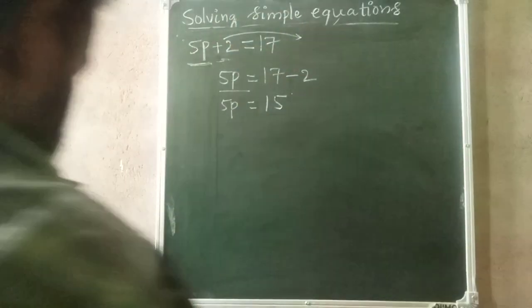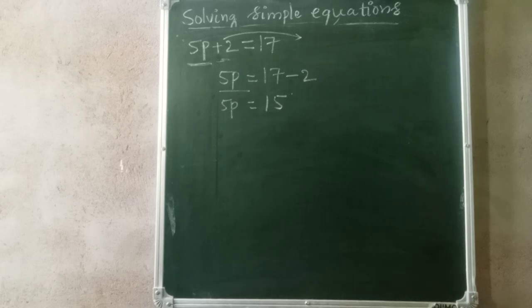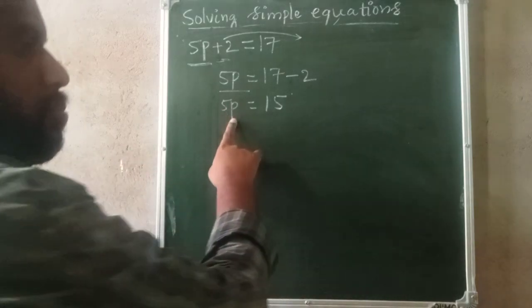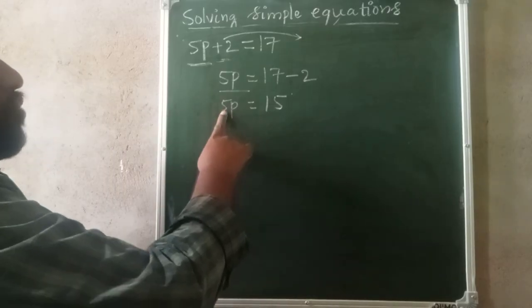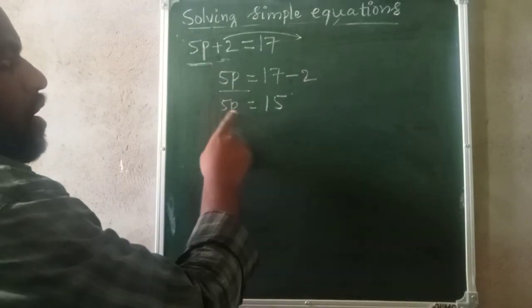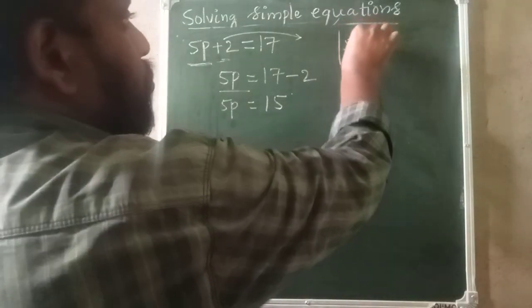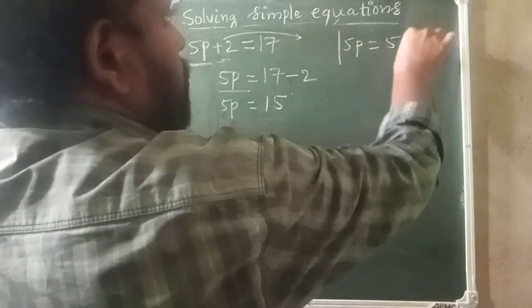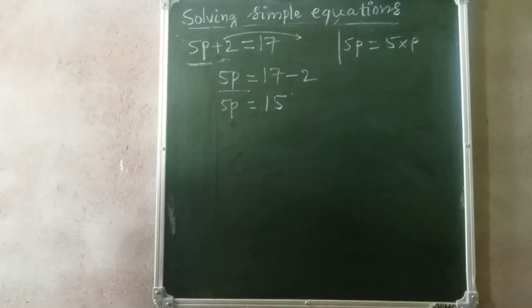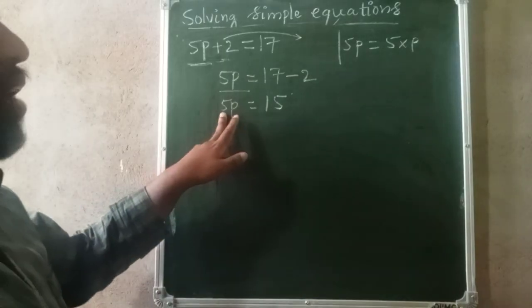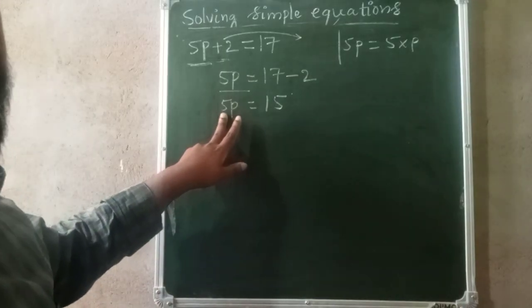Okay, so now we want p, we don't want 5. 5p is like 5 into p. I will write here: 5p is equal to 5 into p. So we don't want 5, we have to remove the 5.